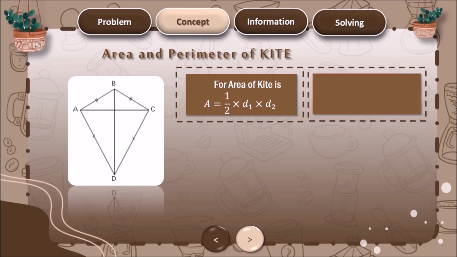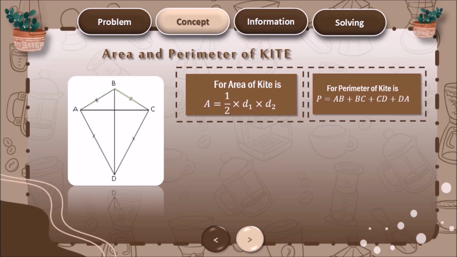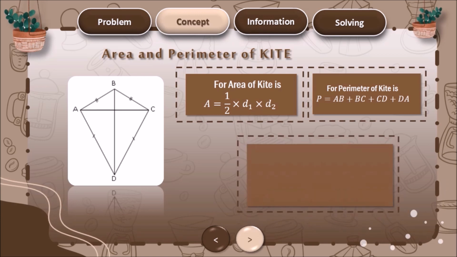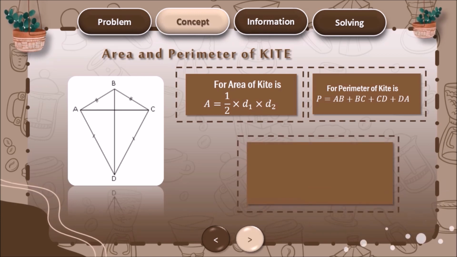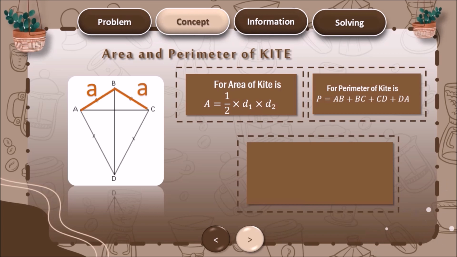Then, the formula for the perimeter is the sum of all the side lengths, or AB plus BC plus CD plus DA. Or it can be said that the length of AB is equal to the length of BC. If the length of AB is denoted by a, then we have a plus a is equal to 2a.